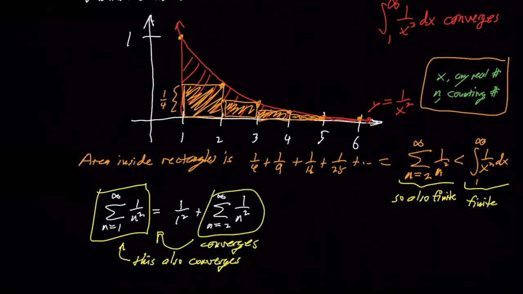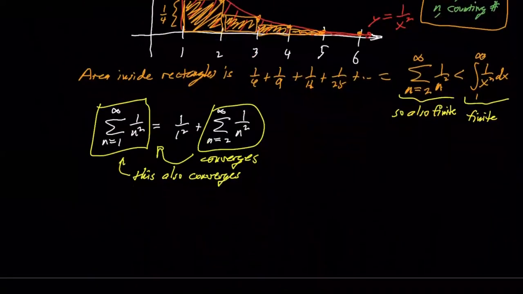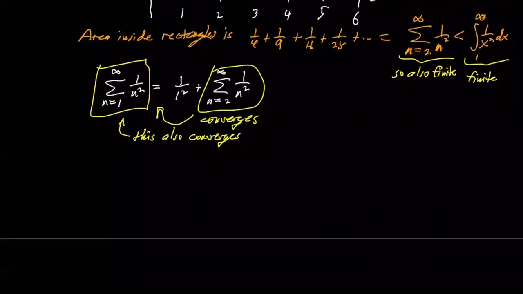And so in general, the whole idea was to compare to the improper integral. Just recall that we have the p-test for the improper integral. The integral from 1 to infinity of 1 over x to the pth power has 2 possibilities.